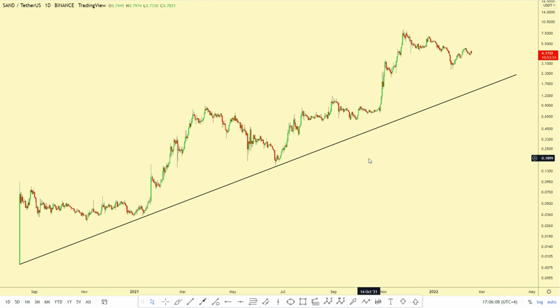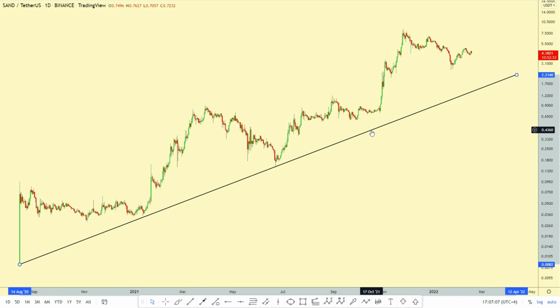Now this is simple, but it's important for two reasons. The first reason, it's an indication of the strength of the momentum of Sandbox. And the second reason, we'll also rely on this trend line later when we do a forecast for the next moves. So keep this one in mind.